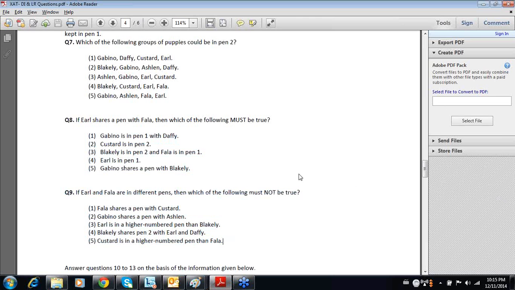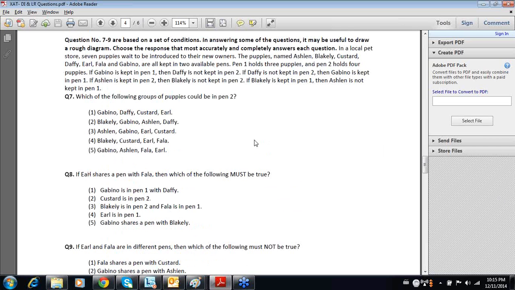This is one typical LR question, the type of LR question that you can expect in that examination. Questions number 7, 8 and 9. So let me give you 5 minutes. It is 10:15 now, so at 10:20 we'll review. Meanwhile, if you are able to solve these 3 questions, put your answer in the chat window.